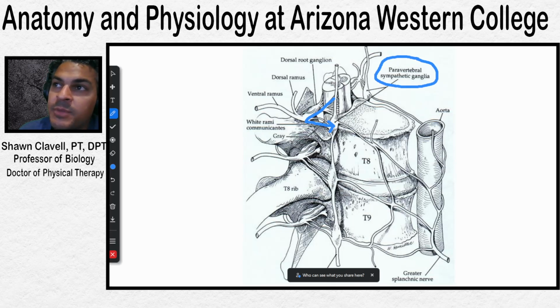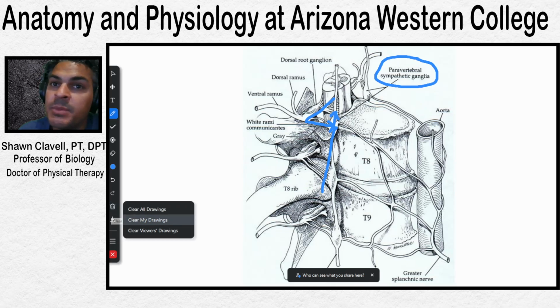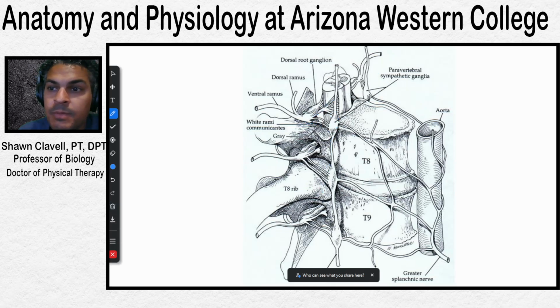Now, this information can then send signals down or up to our visceral organs, which allows for homeostatic balance of the visceral organs or involuntary muscle functions and actions. And so the idea here is that, let's see here.